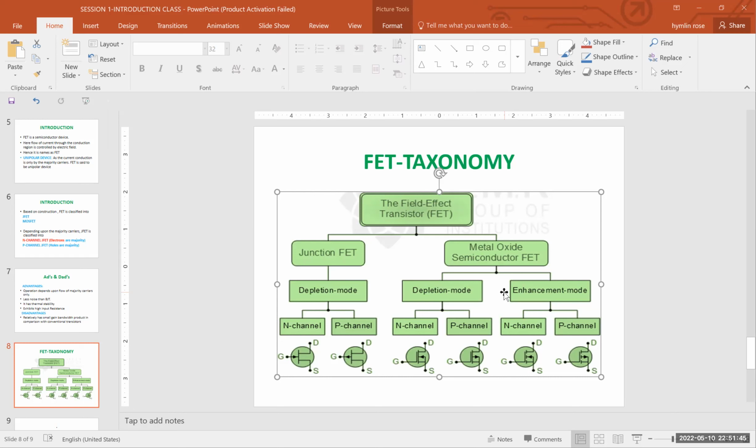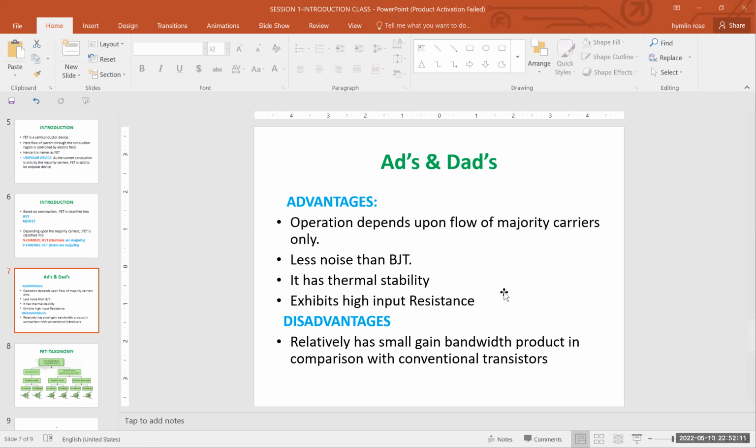The depletion mode and enhancement mode are again classified as N channel and P channel. N channel and P channel represent the base: in the N channel, the base material should be N type with some P type, and in the P channel, the base should be P type with some N type present.